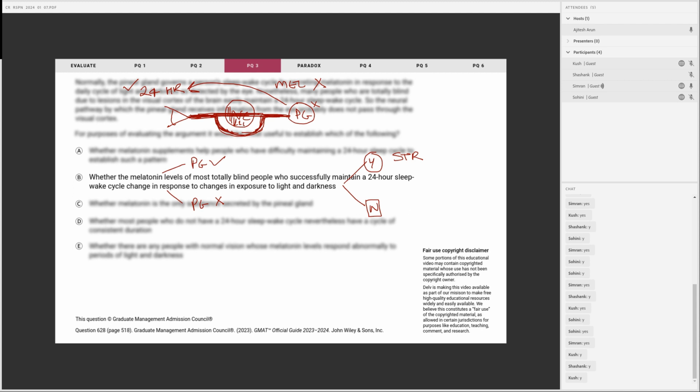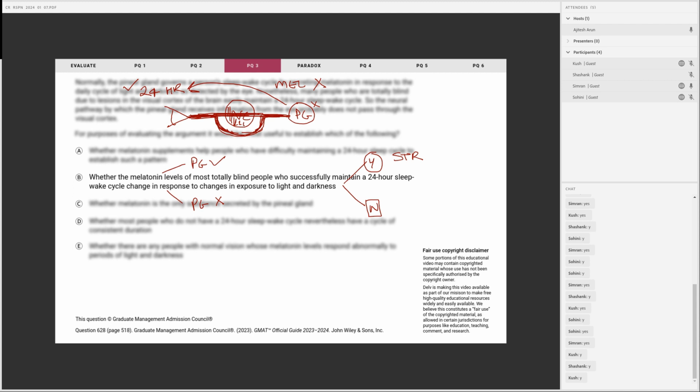So the melatonin levels change in response to changes in exposure to light and darkness. So if there's a change in your light or darkness, the melatonin levels respond to that. Doesn't that weaken the conclusion? Why would you think that it weakens the conclusion?